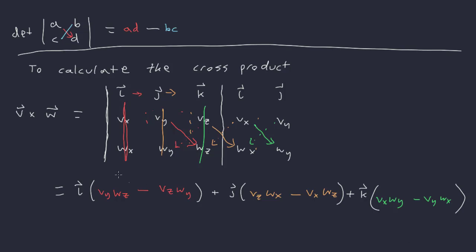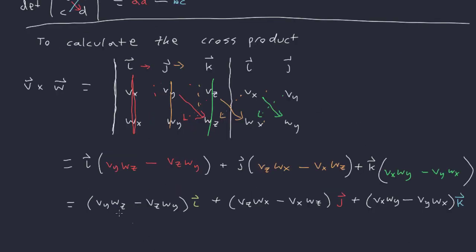Now, if we compare this to what we got before, which I've copied and pasted right here, you can see that we get the exact same pattern that we did before, without having to go through that slog. I think that this is the quickest way to do it. There are a lot of ways to go about doing this.